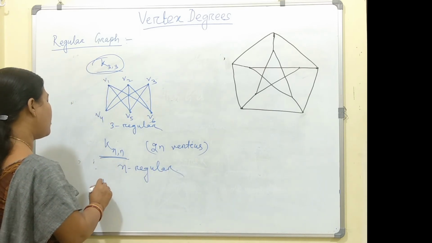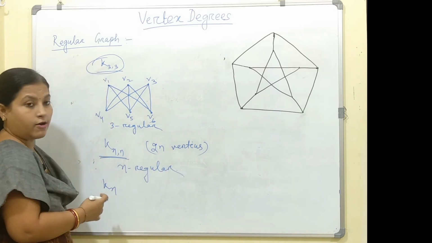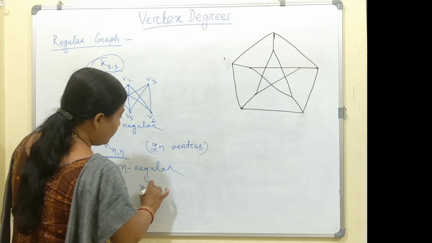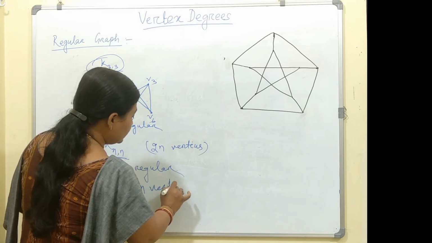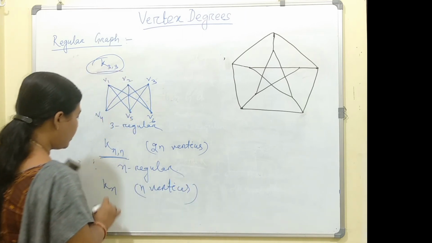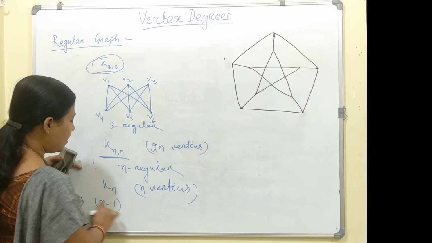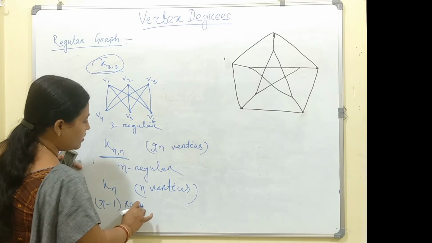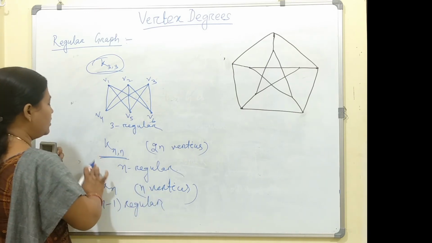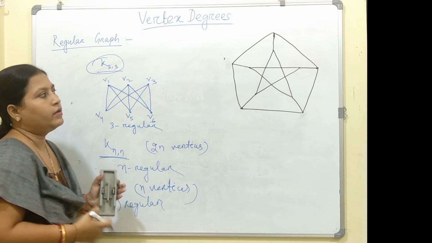And for Kn, a complete graph with n vertices, it is called n minus 1 regular.